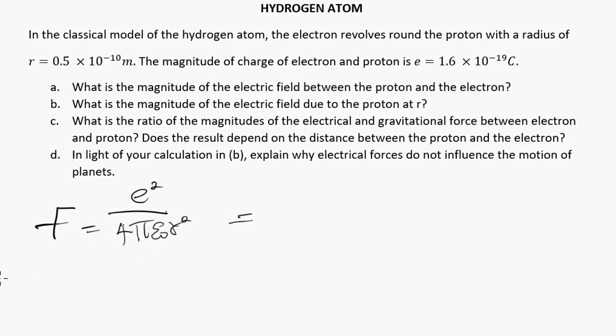Let's also recall that 1 over 4 pi epsilon naught is a constant, which is 9.0 times 10 to the power of 9.